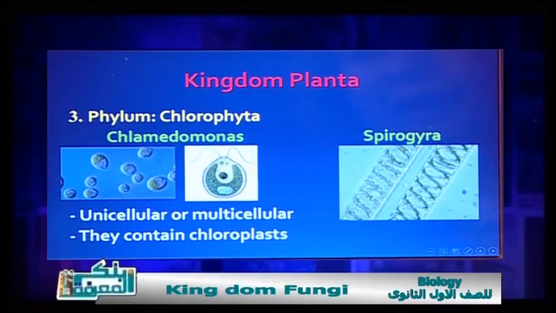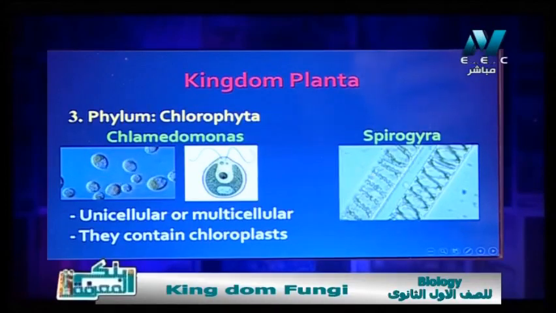But Spirogyra is another type of algae, and this alga is composed of one row of similar cells. So it is a multicellular organism. And you can notice the walls between the two cells here. But the most significant character here is the chloroplast.